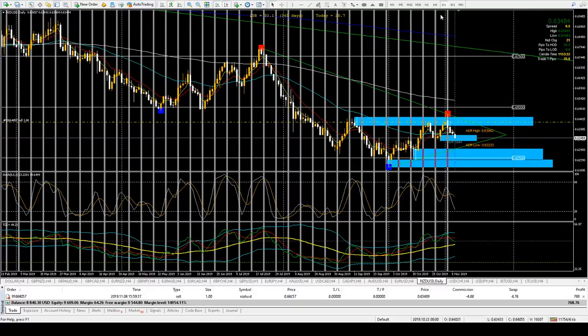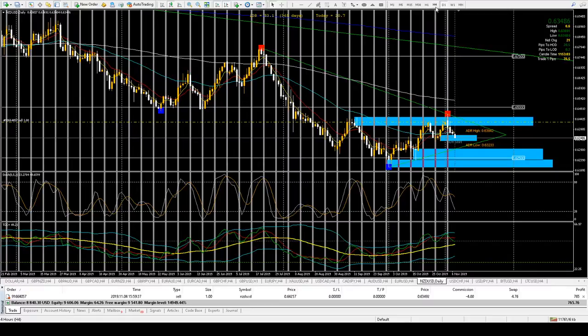However, if we find our setup on the 4-hour, we scale up to see if we're counter trend trading or if we're trading with the trend. If we are trading with the trend, then we know that we can move our trading time frame, if you will, up.